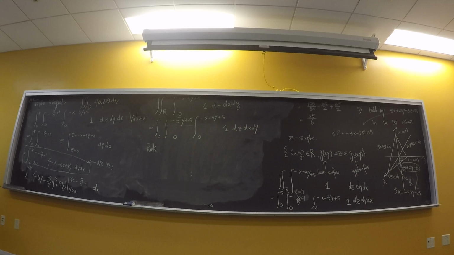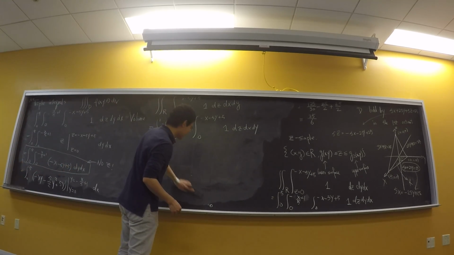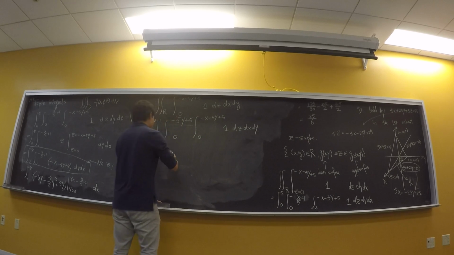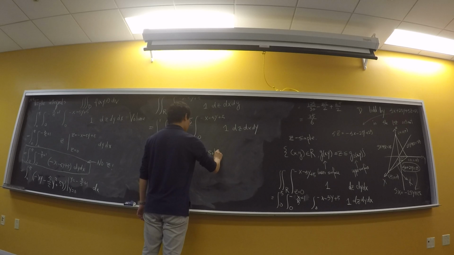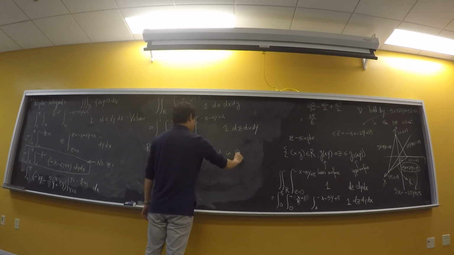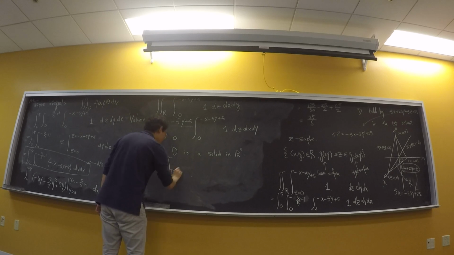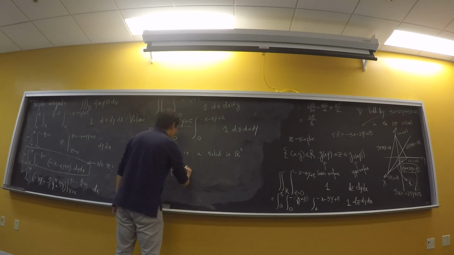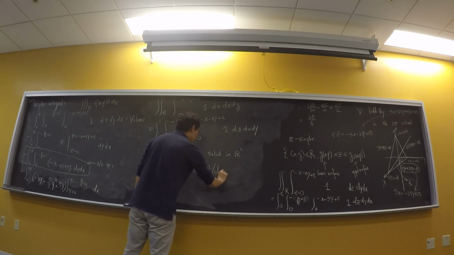And indeed, we can generalize our formula a bit. For any solid region in R3, computing the triple integral of a constant function 1 over this region is going to give you the volume of this region.